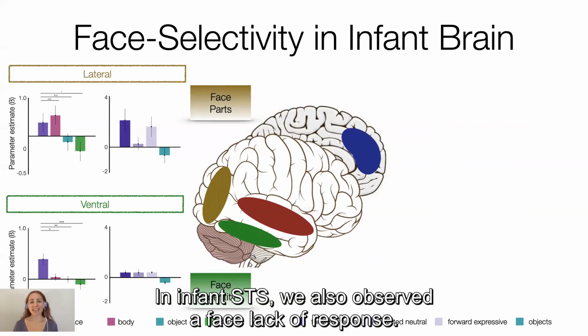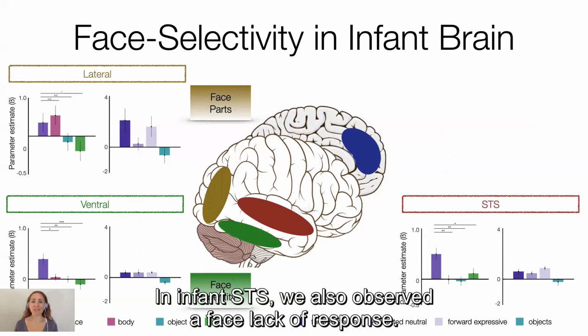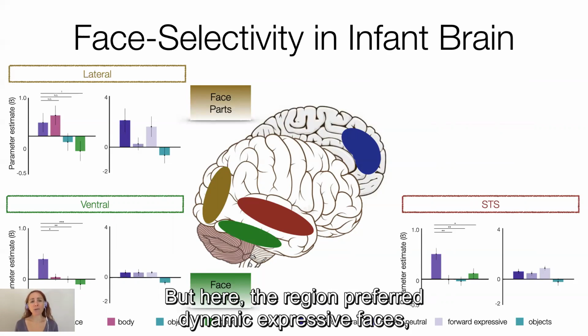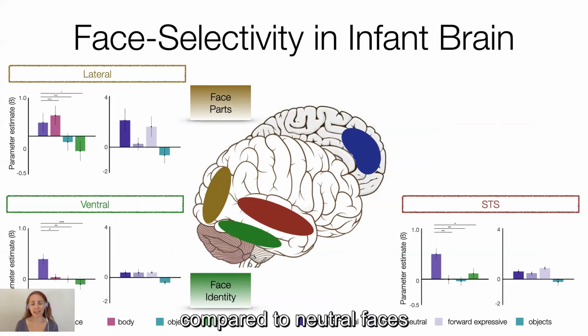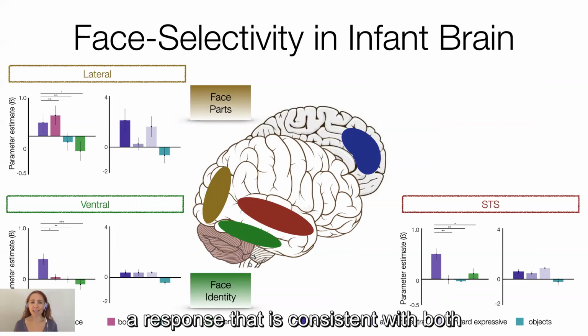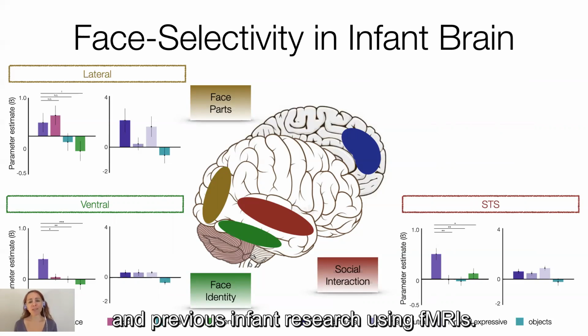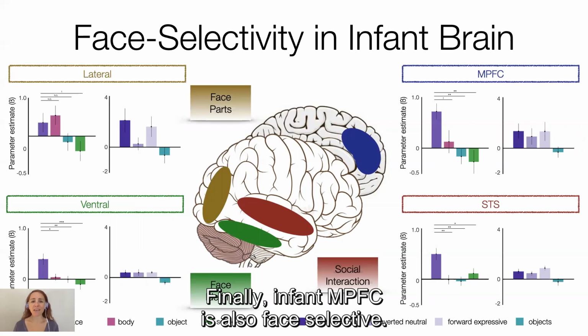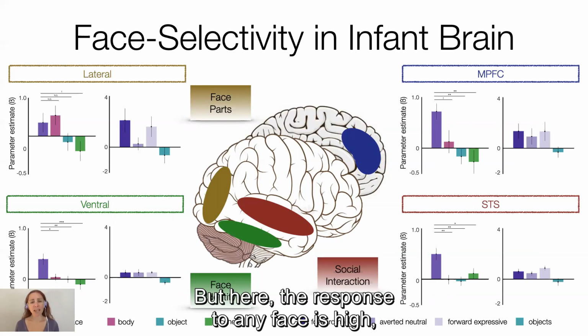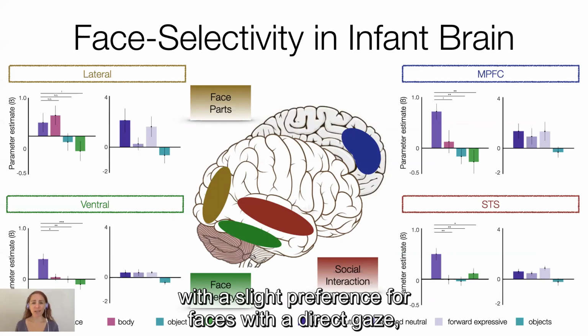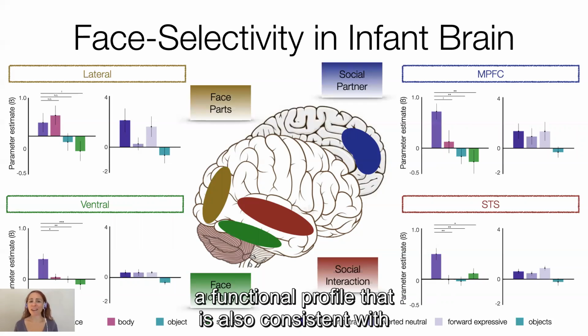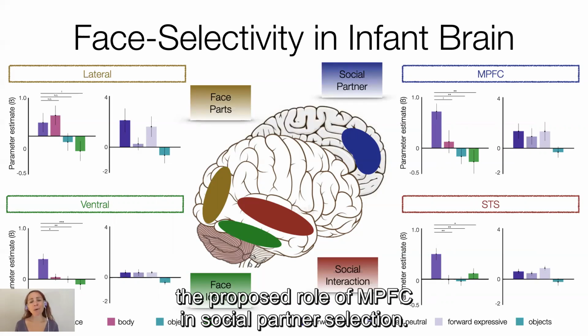In infant STS, we also observed a face-selective response, but here, the region preferred dynamic, expressive faces compared to neutral faces, a response that is consistent with both the functional profile of adult STS and previous infant research using fNIRS. Finally, infant MPFC is also face-selective, but here, the response to any face is high, with a slight preference for faces with a direct gaze, a functional profile that is also consistent with the proposed role of MPFC in social partner selection.